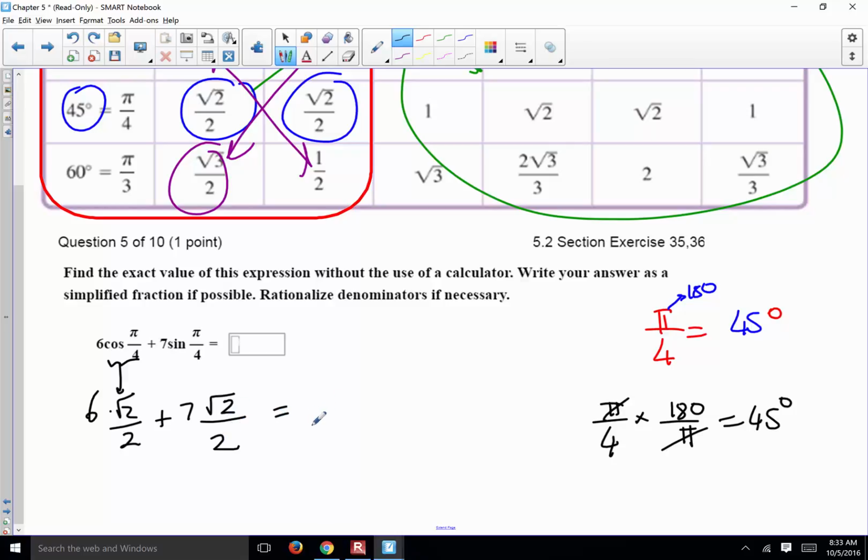And you have in total 6 plus 7 times root 2 over 2, which is 13 root 2 over 2. You have a feeling to cancel these, but don't, because you have to add these again, because these won't cancel and you have a denominator. Don't cancel, just add 6 and 7. 6 apples, 7 apples makes 13 apples. And these won't cancel. Okay?